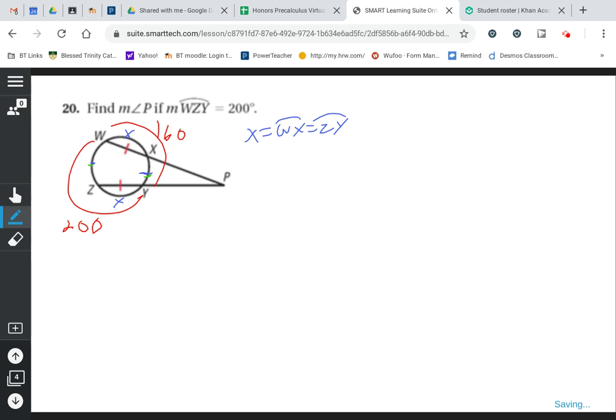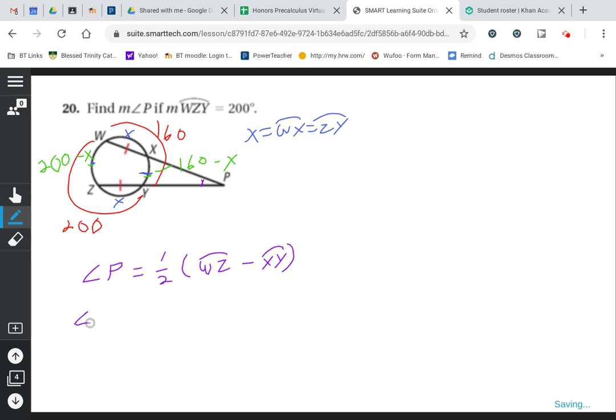If ZY is X, that means that WZ has to be 200 minus X. That also means that XY has to be 160 minus X. Then what we're trying to find here is angle P. With the secant, we know that angle P is equal to 1/2 the measure of arc WZ minus arc XY, because again, it's on the outside, so it's 1/2 the difference.